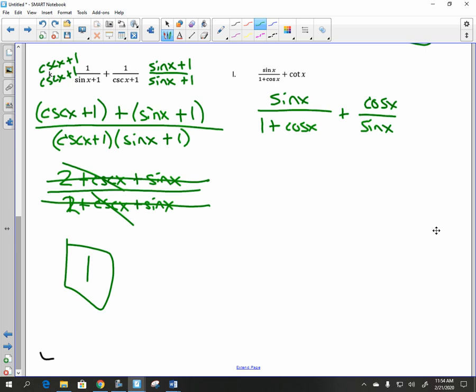So what would be the common denominator? What would I multiply the top and bottom of this side by? Yeah, sine of x. Is that a good idea? Why? Because it will get me a sine squared. I like that. What would I multiply top and bottom of this side by? 1 plus cosine of x.